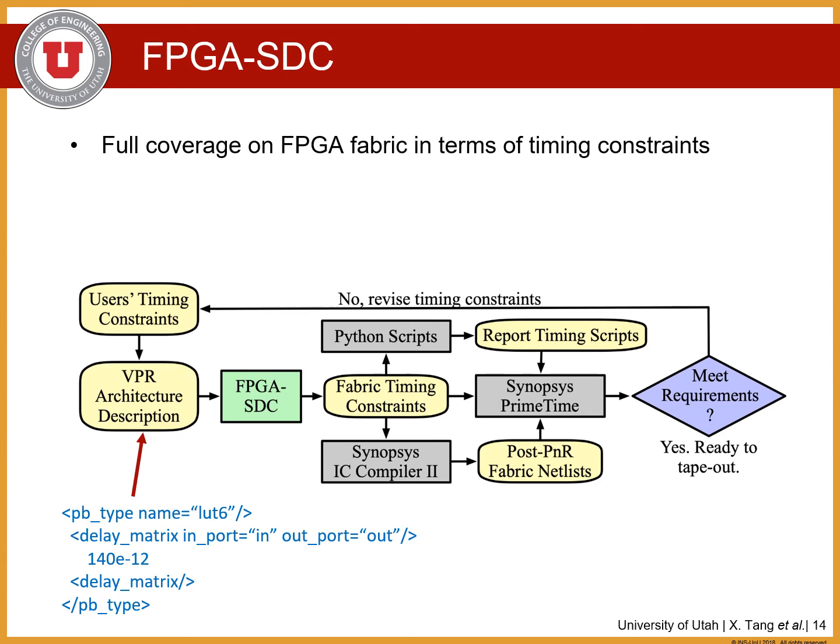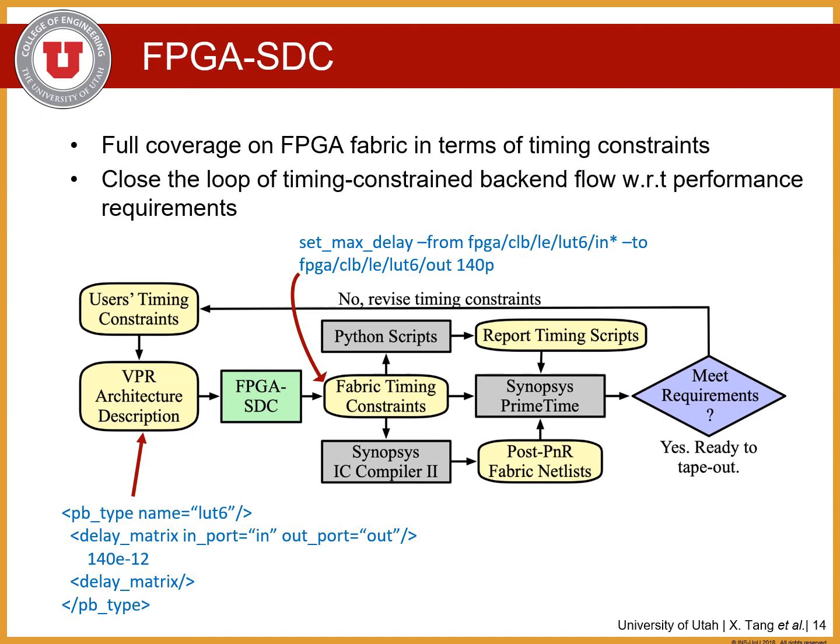We can constrain the timing from any input of lut6, a 6-input lookup table, to the output of this lookup table. FPGA-SDC will take this timing definition in the architecture file and convert it to standard SDC format. Then you can use these timing constraints for your backend tools as well as during the sign-off.